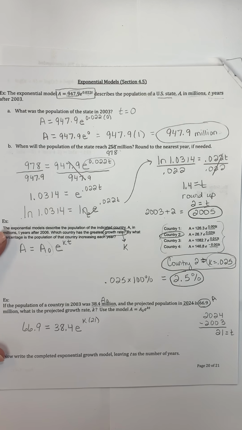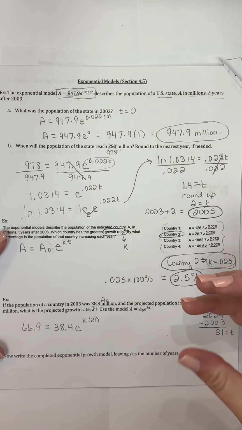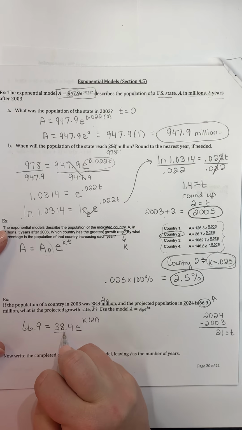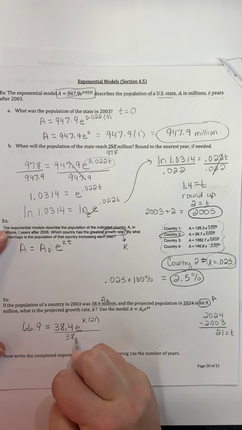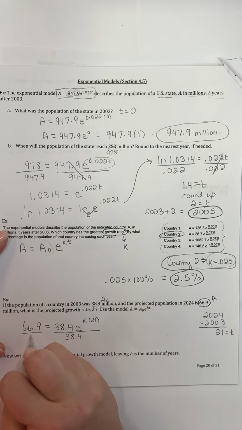There we go. So now we're solving for K, which is that growth rate, right? We're trying to figure out what it's going to be. We expect it to be a decimal. They always are. If it's positive, the country is growing. If it's negative, the population is shrinking. Okay, so here we go. We are going to divide by 38.4 because we want to get this exponential term by itself.